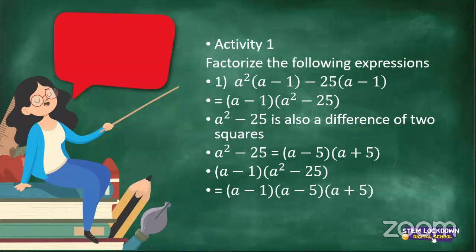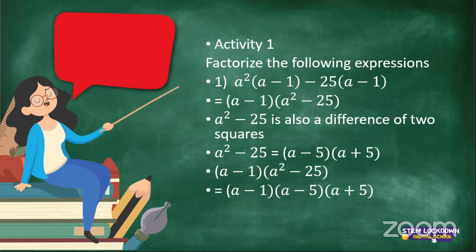It is also found in the second term. So you can see we have a minus 1 here. We also have a minus 1. So you can take it out because it is a common factor. Once you take out this common factor, you'll be left with a squared minus 25. So basically, once you have factorized it, you'll have a minus 1 open bracket, a squared minus 25.